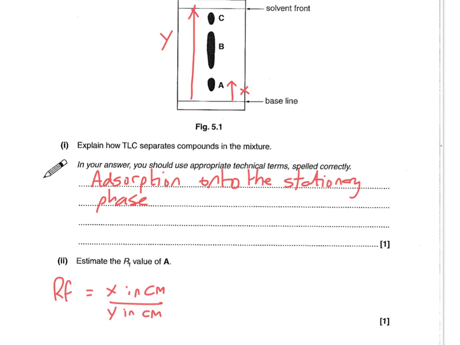You do this obviously using a ruler sitting there with the exam in front of you. This is obviously a scan of the paper, and it's maybe slightly bigger in scale than the actual paper itself, so I'm not going to measure it, because it might not match up with what's going to come up in the mark scheme. But the way you do it would be to measure x and then to measure y and divide one by the other to get the retention factor.